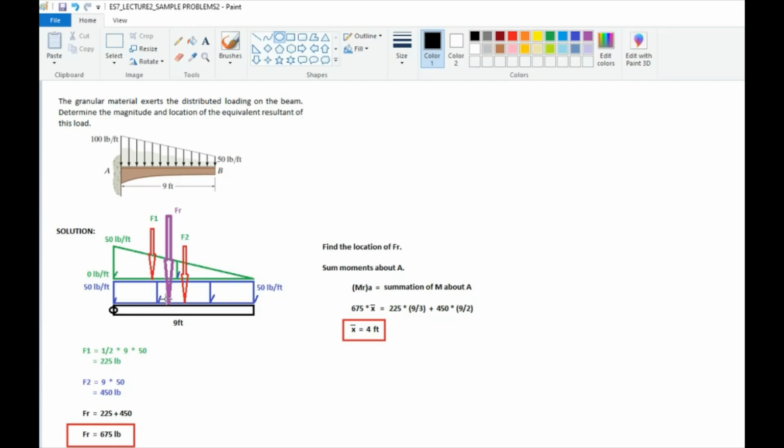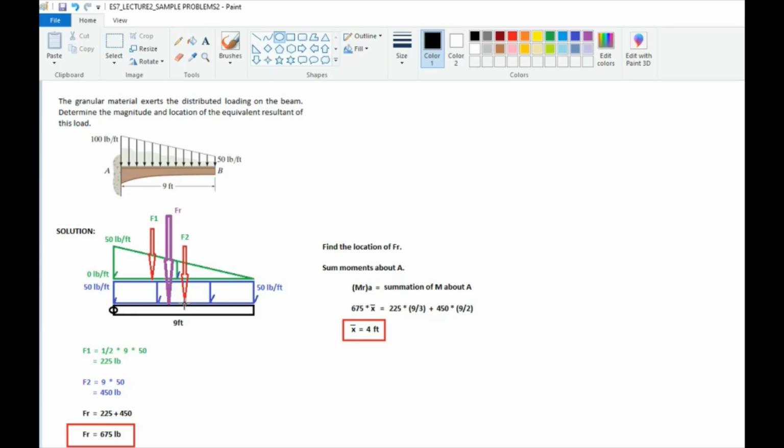Yung resultant force natin, yung moment na makakreate niya is equal to the moment that will be created by F1 and F2. Kaya, 675 X bar equals, okay, si F1 na 225 times 9 over 3. So, 1/3 ng length. Okay? Plus, F2 na 450 times 9 over 2.